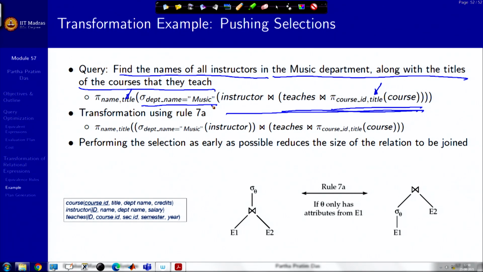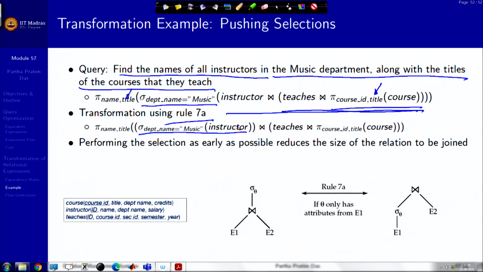But you can use rule 7a, which says that while doing a selection on a natural join, you can restrict the selection to the first relation only.